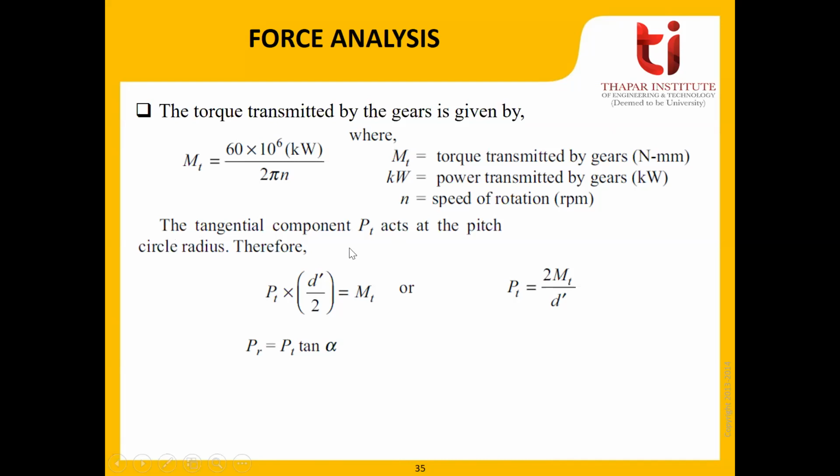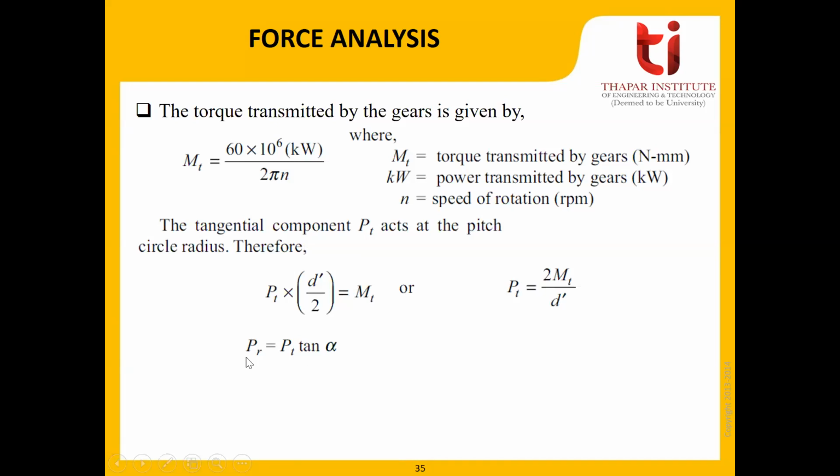So the tangential force PT acts at the pitch circle radius. Therefore, Mt can be written as force multiplied by the radial distance of the pitch point, that is d prime by 2. D prime is the pitch circle diameter. So from here you can write PT equals 2Mt over d prime.